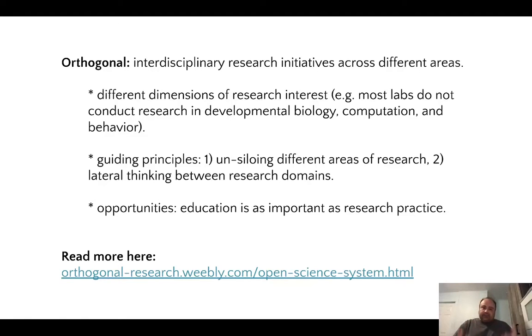That in turn fosters some sort of lateral thinking between research domains. So if you're doing research in behavioral biology and philosophy and developmental biology, you can bring those things together in a pretty seamless way in our group without too much institutional inertia.